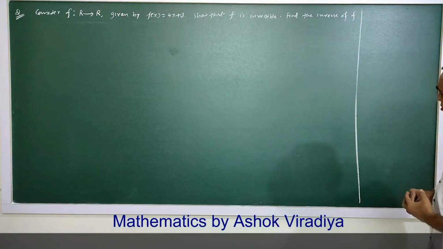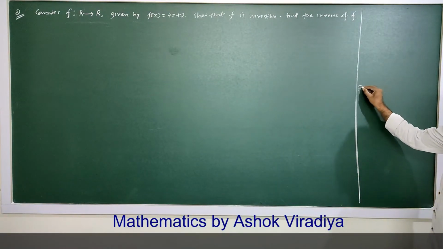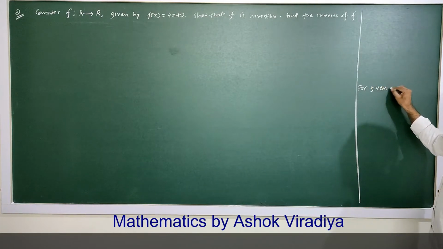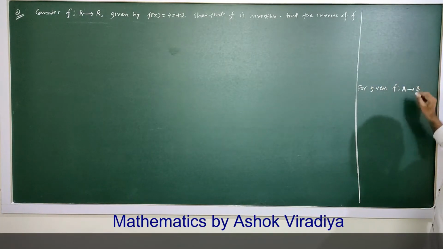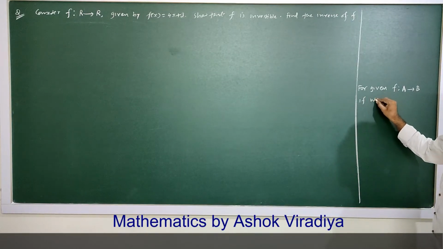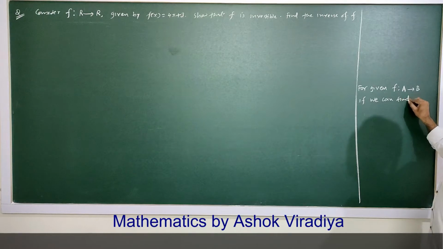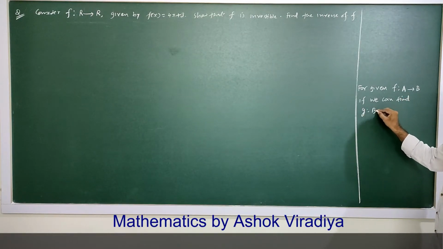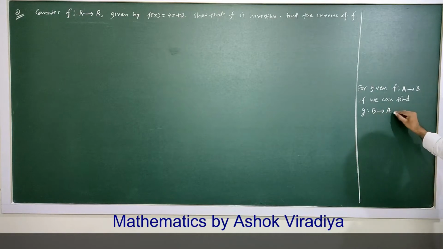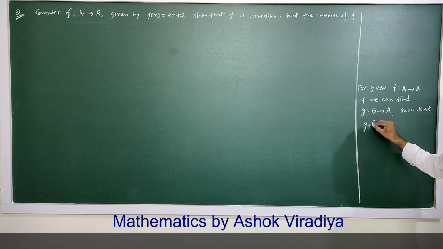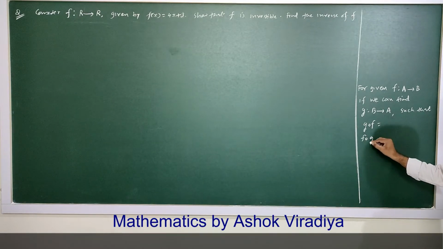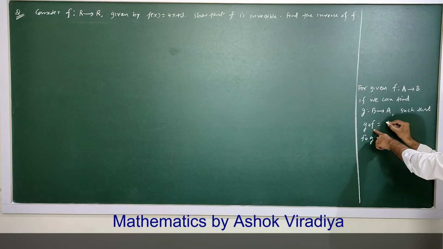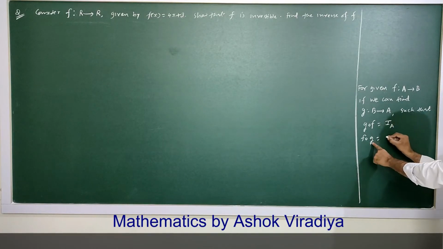We discussed a definition that for a given function f from A to B, if we can find a new function g from B to A such that the compositions g o f and f o g, from either side, g o f is the identity function on A and f o g is the identity function on B.